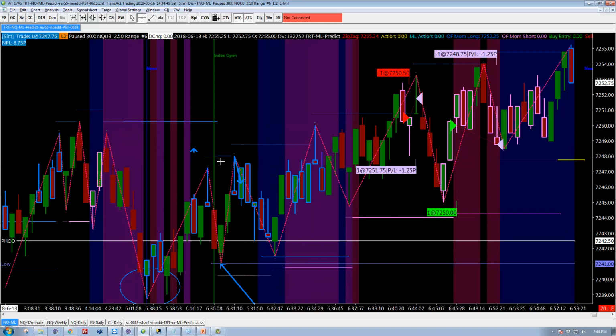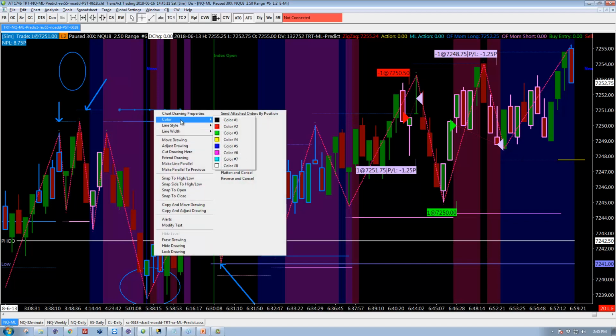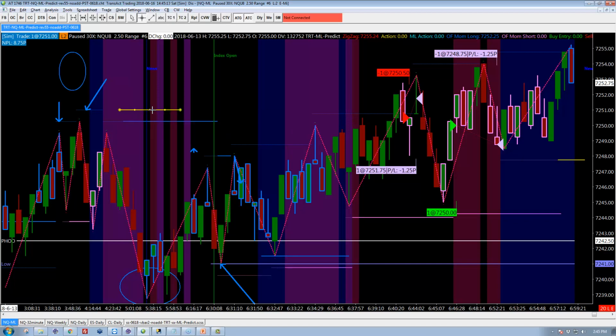Whereas these here, if I'm short from up here somewhere, that trail level is higher than the previous one. I don't want that. I'm only interested in trail levels that are lower. I don't want to trail to here and then move my trail back if I'm short. I only want to move it in one direction, down, down.